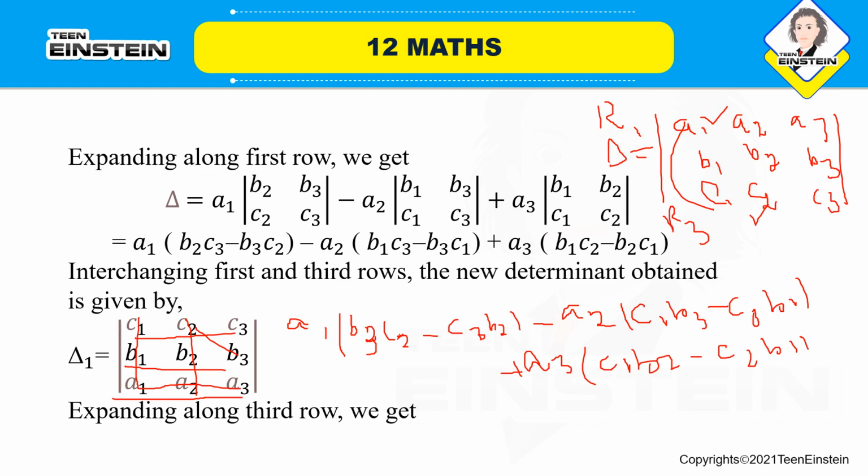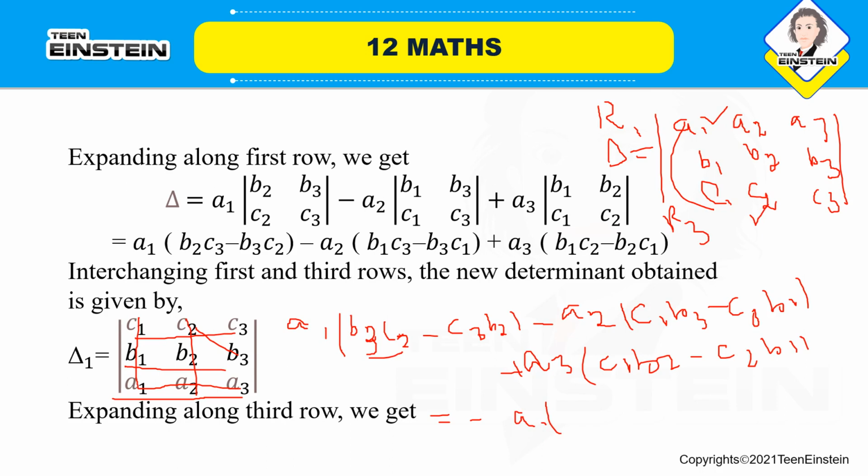So now I am going to change the sign. That is, I am going to take the minus sign outside from all the three terms. The first term is actually B3C2, no?